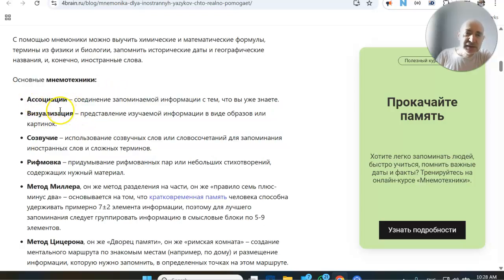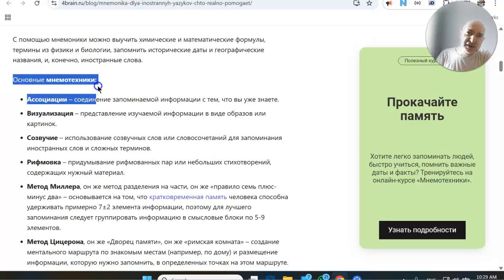Ассоциации. Соединение запоминаемой информации с тем, что вы уже знаете. Визуализация. Представление изучаемой информации в виде образов или картинок. Созвучие. Использование созвучных слов или словосочетаний для запоминания иностранных слов и сложных терминов. So let's go over what they're saying.